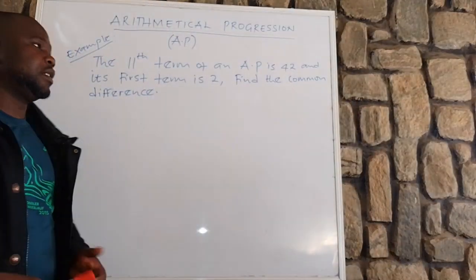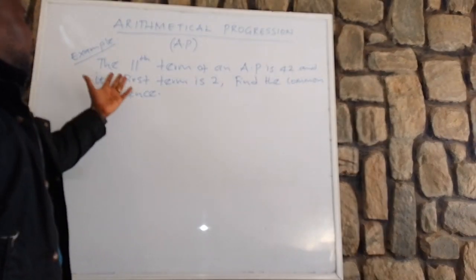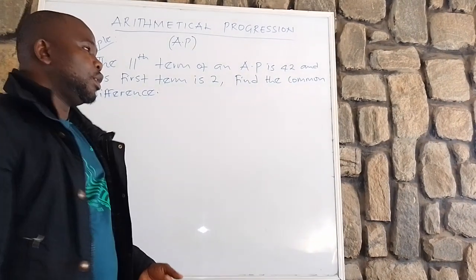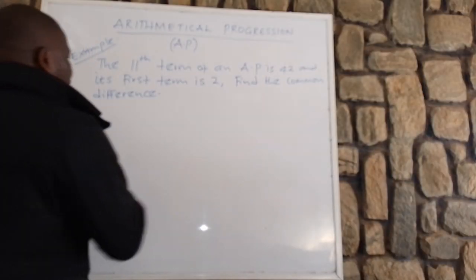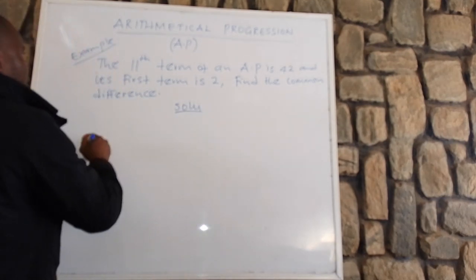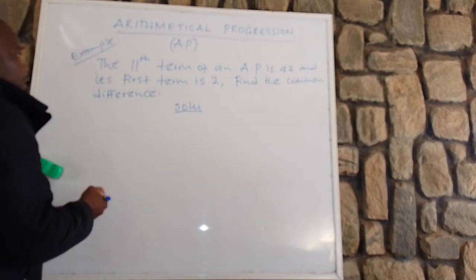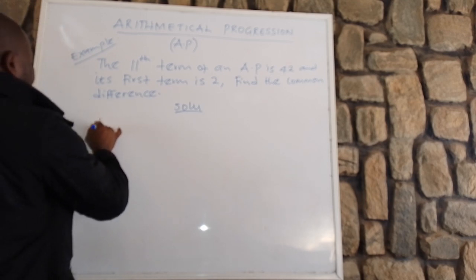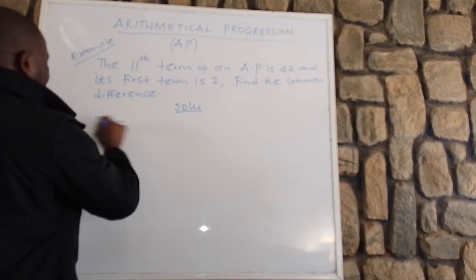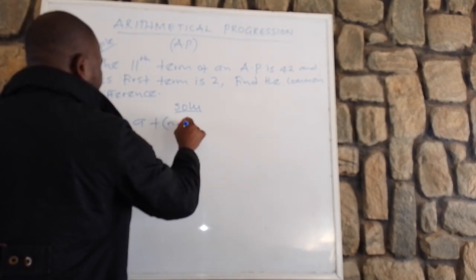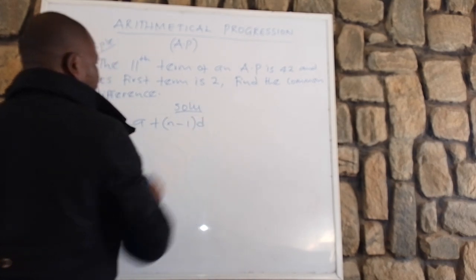For the fact that this question is indicating AP, what you need to first do is to write down the formula first. We write the solution. Our nth term of an AP is given as the nth term equals a plus open bracket n minus 1 close bracket times d.